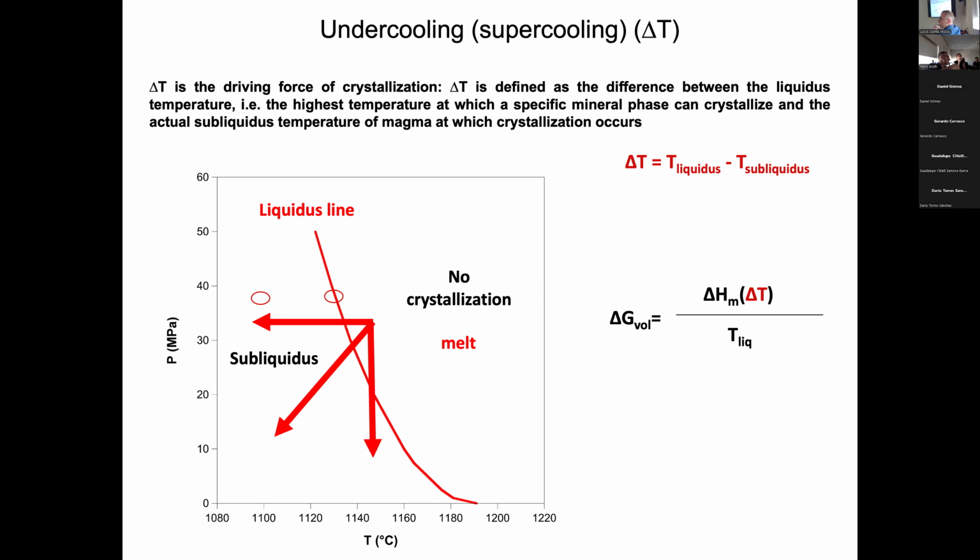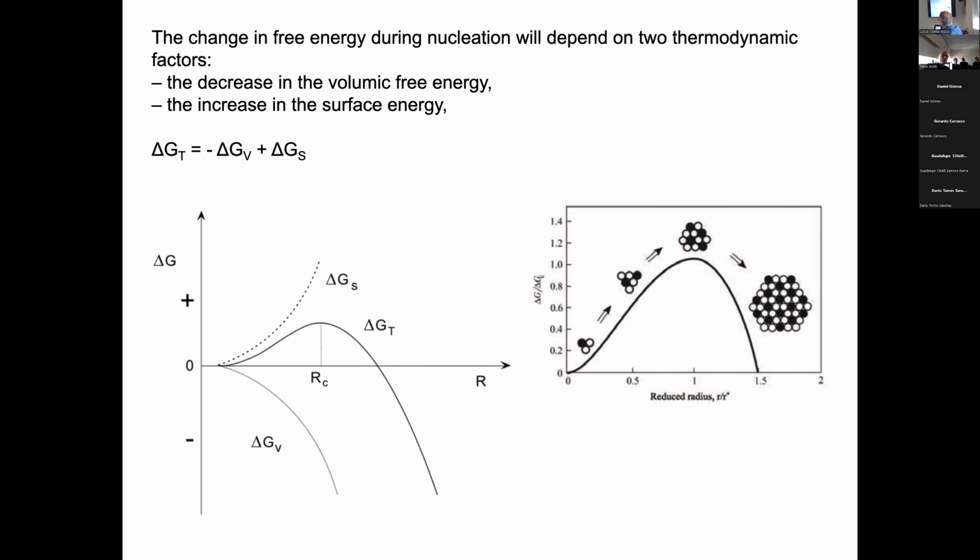And this undercooling can increase if the decompression or the cooling continues. So from a thermodynamic point of view, you will increase the delta GV, and therefore the driving force for crystallization. Okay. So in terms of nuclei, how do we stabilize a nucleus?